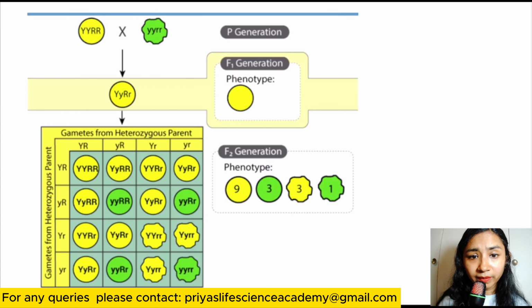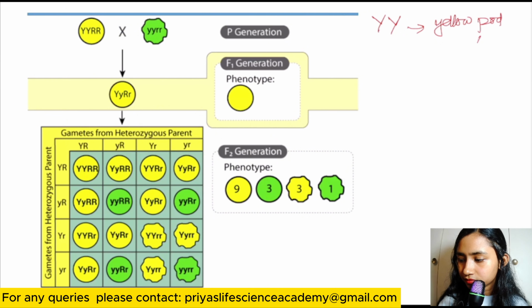So we are coming to the cross now. Here there are two characteristic features. Here you can see capital Y is for yellow pod color. Small y is for green pod color.